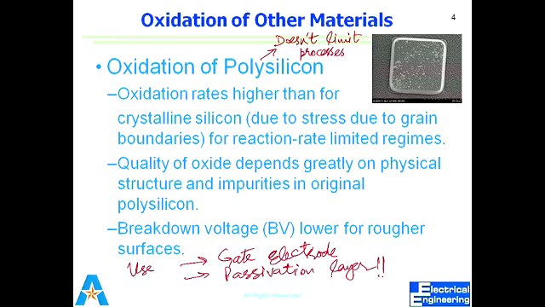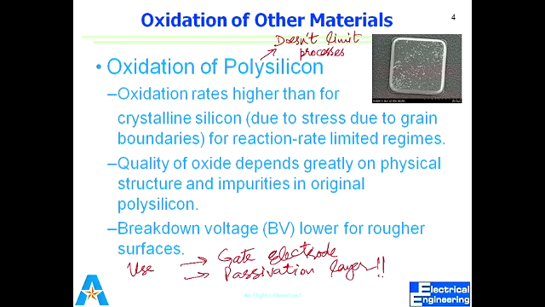This is because at the grain boundaries there is stress, since the silicon on either side is in a different orientation. Due to the stress at the grain boundaries, the diffusion is higher, and diffusion is one of the parameters that increases the rate of oxidation. So the oxidation rate is higher in polysilicon compared to crystalline silicon.